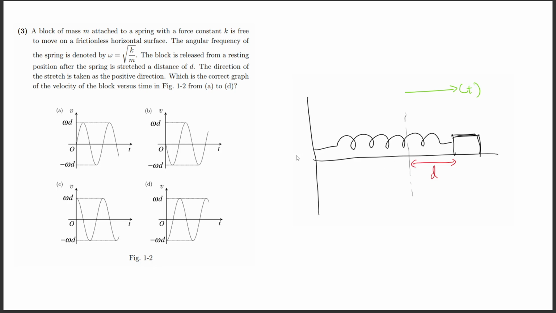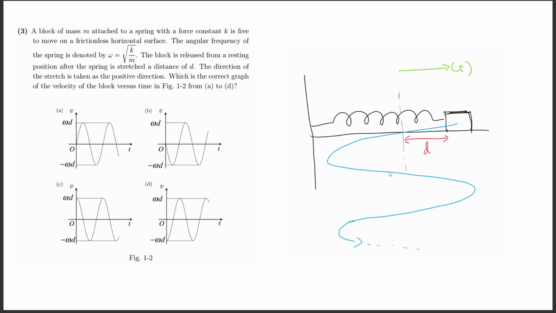So what happens when it's released is that it'll move in this direction, it'll move to the wall, then it will come back to here and repeat to the wall and come back to here. So it will repeat, and we can illustrate like this.